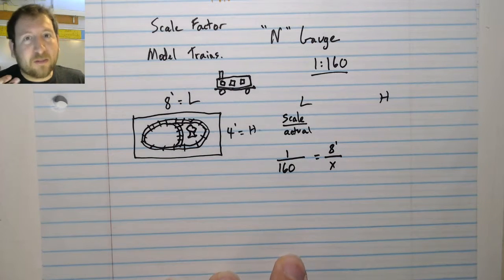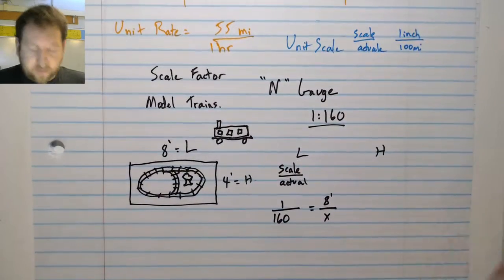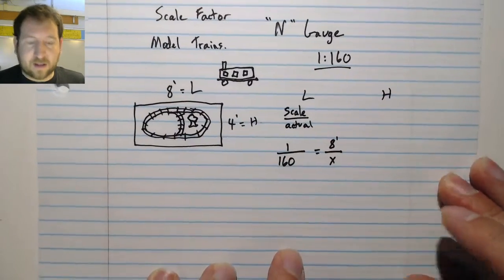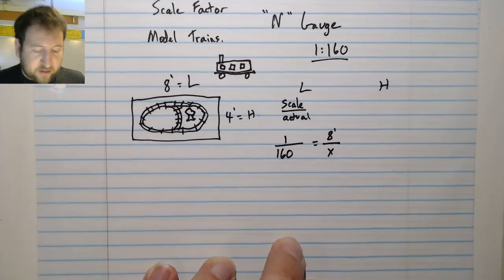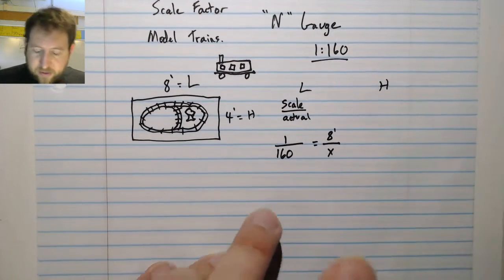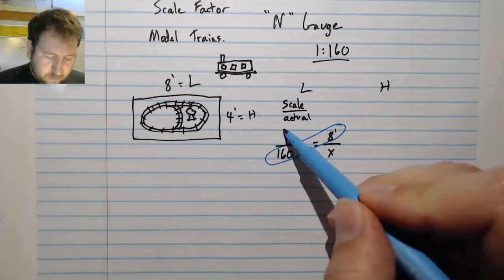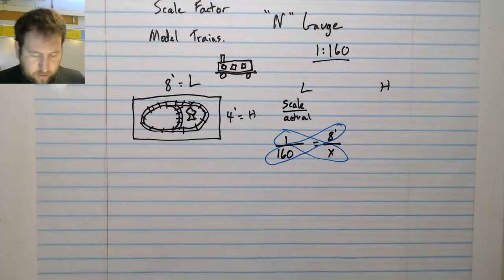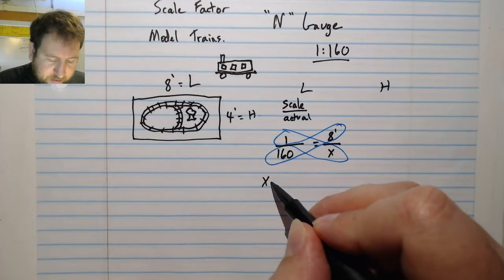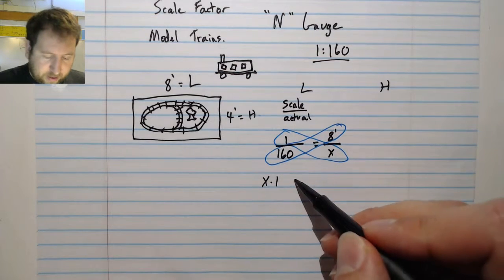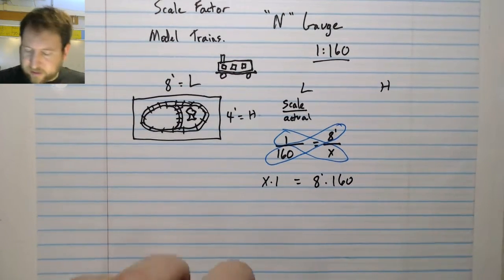And that's why we typically use the scale factor instead of unit scale when we're building things to scale, simply because mathematicians are lazy and we like to do as few steps as possible. So, quick cross multiply. You can see my x multiplies by 1. So I have x times 1, if I want to write that, equals 8 feet times 160.